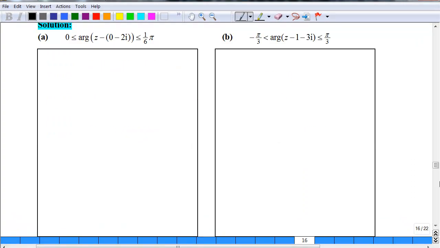First and foremost, please go ahead and write the expression in the standard form, which is in this case what you see here. z again is represented by the point P, and 0 minus 2i is represented by the point A. So what we need to do again is mark out the point A first.